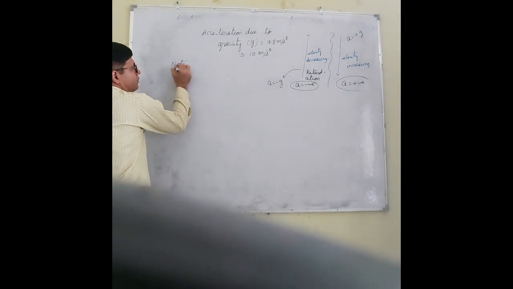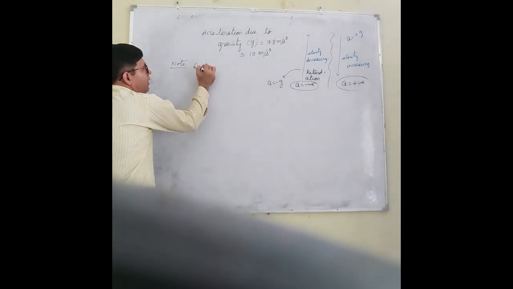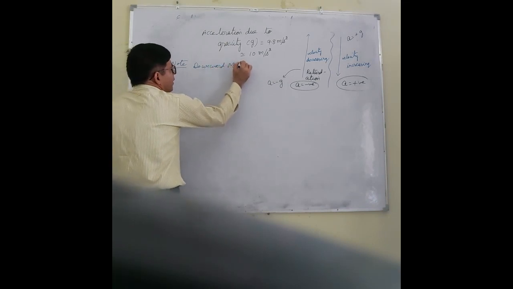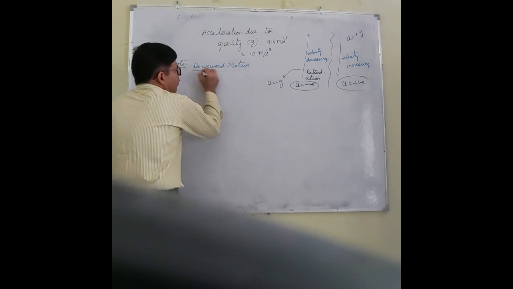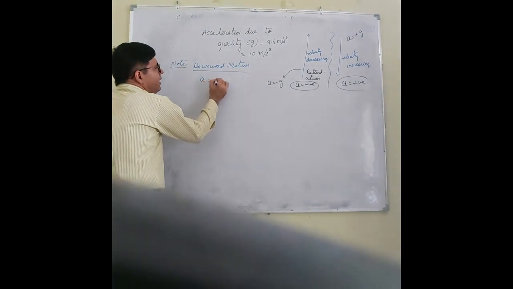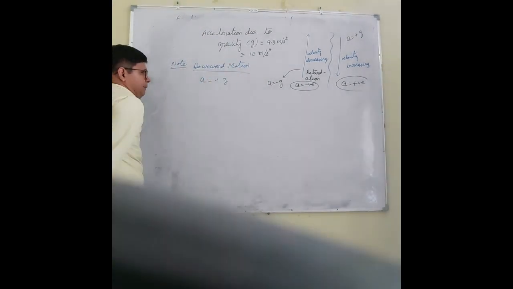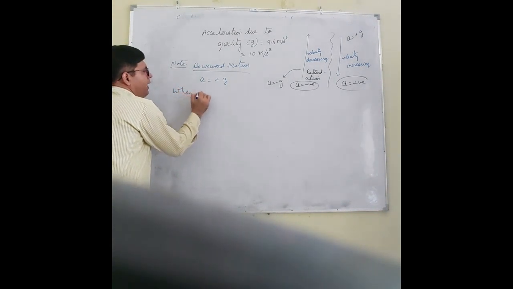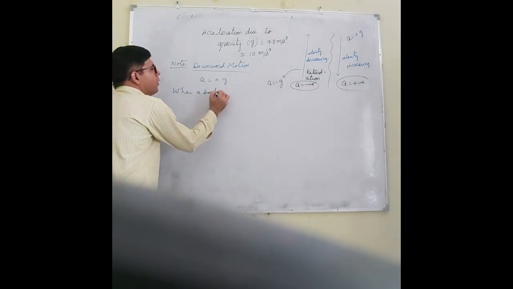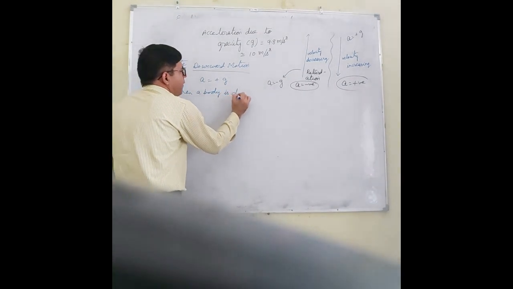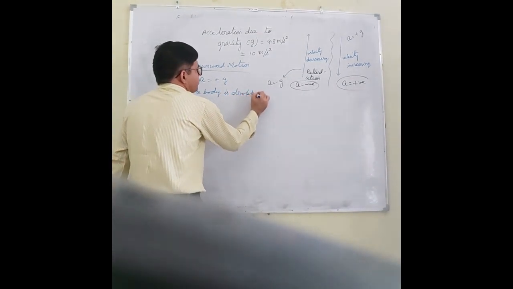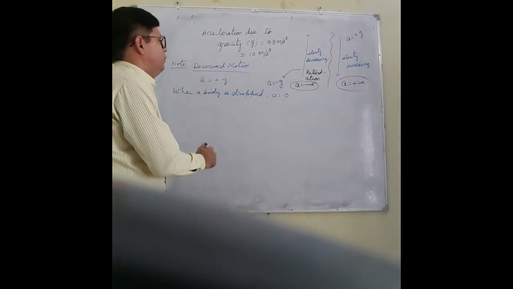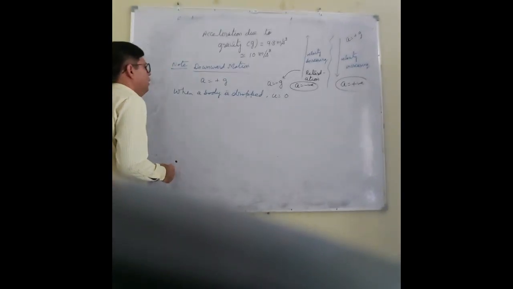Note, for downward motion, first point is a is plus g, and when a body is dropped, initial velocity is 0, right?